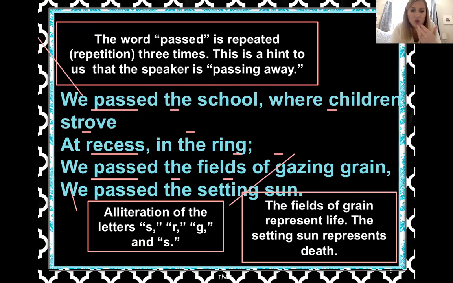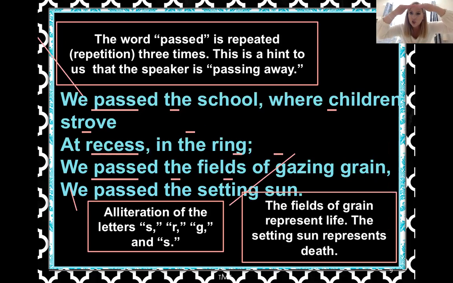Now they're passing a school. They're passing recess. And so we're kind of being brought back to before you die, you might be remembering all of your childhood memories that were precious to you. Then it says, we passed the fields of gazing grain and the setting sun. Well, when the sun sets, it means the end of the day, right?